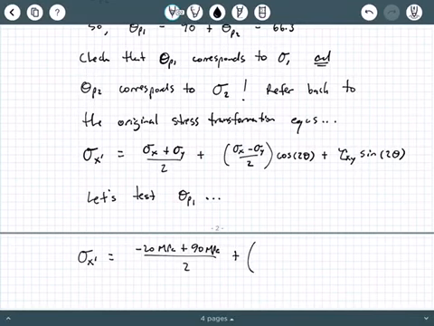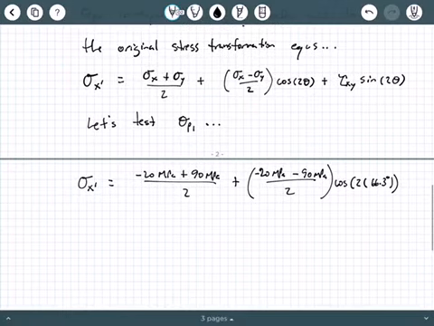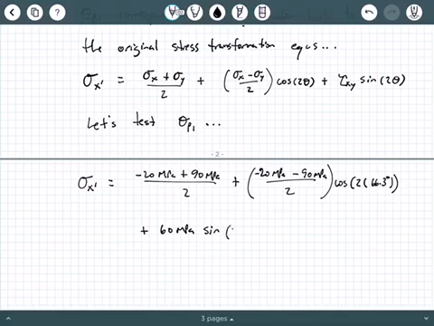Okay, so here we go. Let's plug in theta p1 and test it. So sigma x prime equals negative 20 MPa plus 90 MPa divided by 2, plus negative 20 MPa minus 90 MPa divided by 2 times cosine 2 times 66.3 degrees.